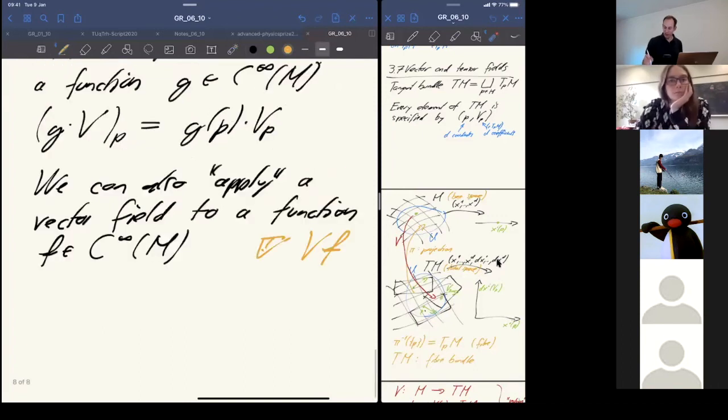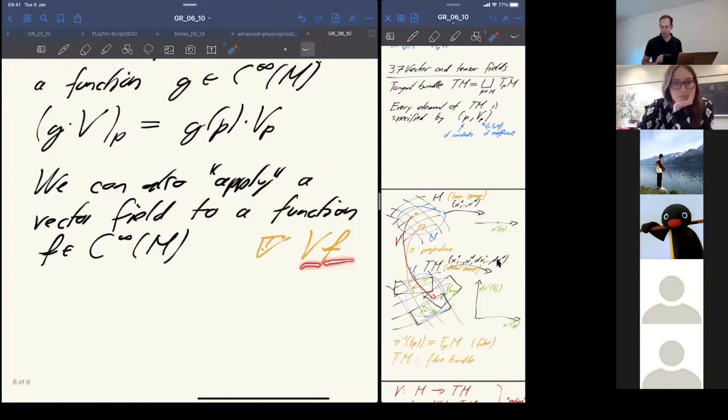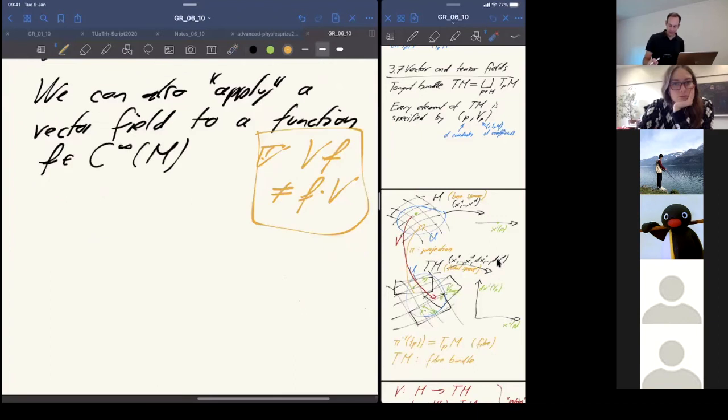And now this could really look like you multiply the function with the vector field, but this is not f multiplied with V. That's a different thing, so be careful. But I didn't so far tell you what it is. So what is it? If I say I apply it, I mean that I take a function.